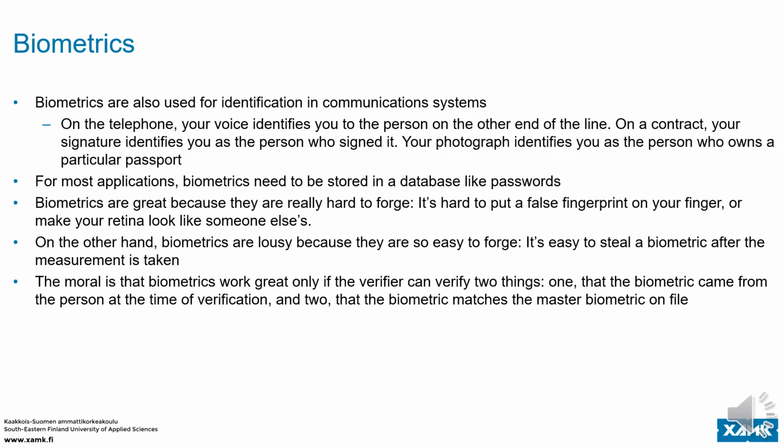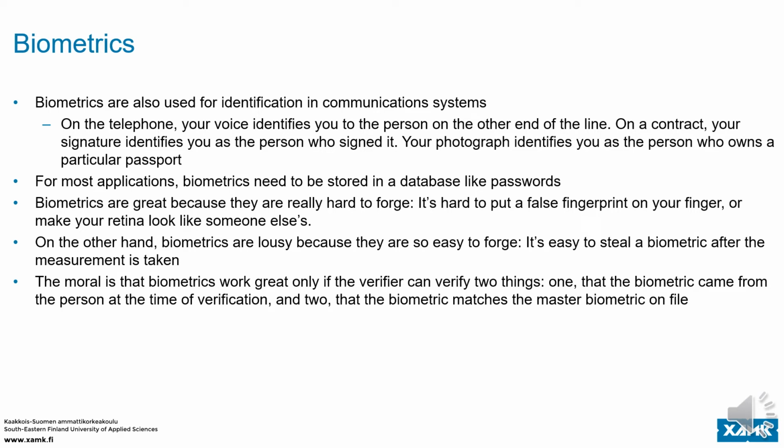On the telephone, your voice identifies you to the person on the other end of the line. On a contract, your signature identifies you as the person who signed it. Your photograph identifies you as the person who owns a particular passport. For most applications, biometrics need to be stored in a database like passwords. Biometrics are great because they are really hard to forge. It's hard to put a false fingerprint on your finger or make your retina look like someone else's.